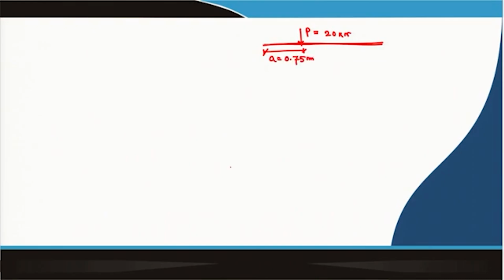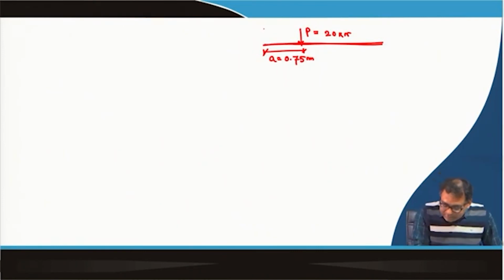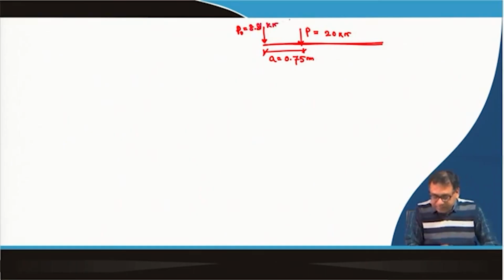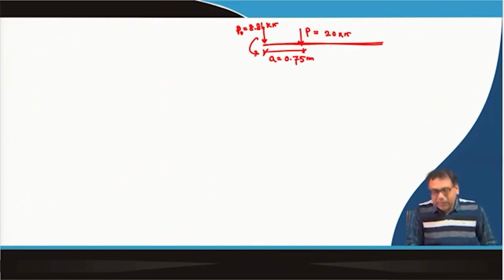Now, we have P0 value 8.81. So, P0 is acting here, that is P0 which is 8.81 kilonewton. Okay. And we have M0 and M0 is negative.